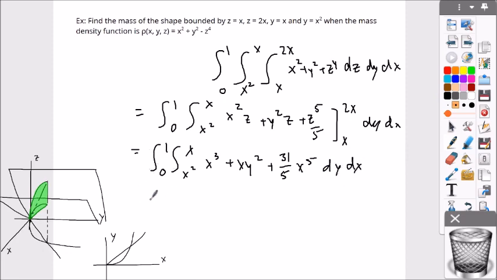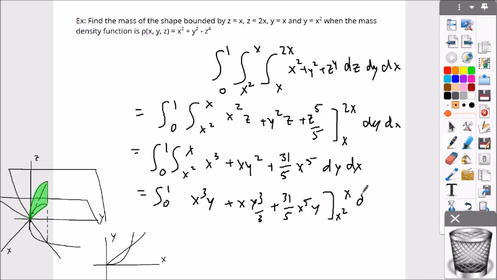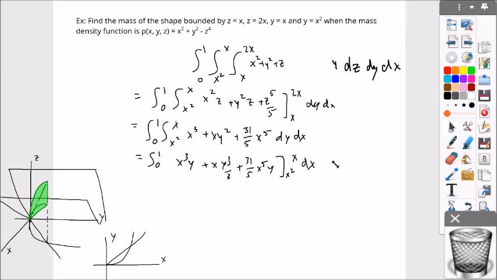Now we continue the same thing. This is the integral from 0 to 1 of x cubed y plus x y cubed over 3 plus 31 over 5 x to the fifth y, evaluated from x squared to x, dx. Now you're gonna get a lot more creative.